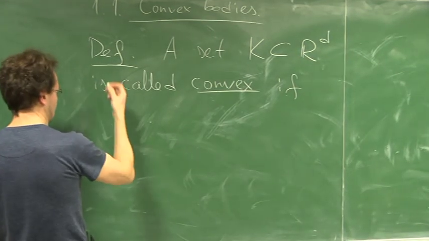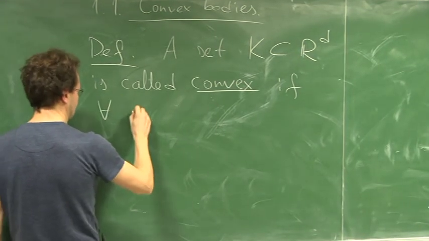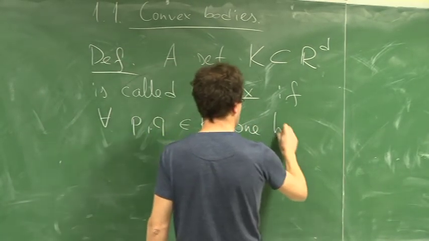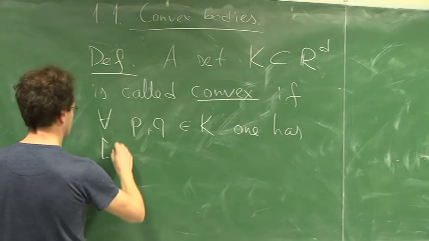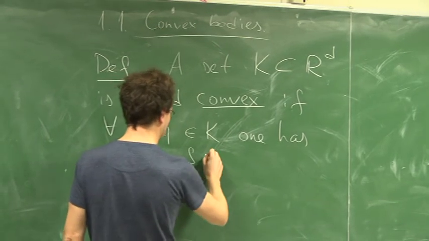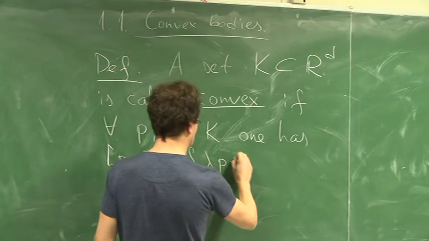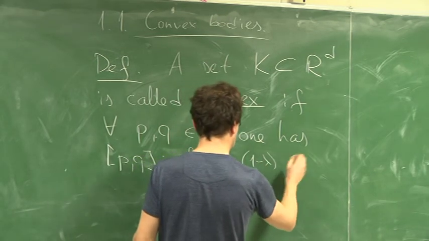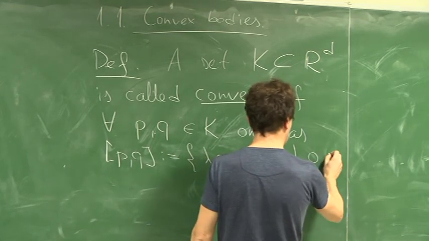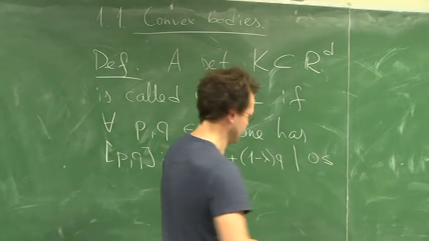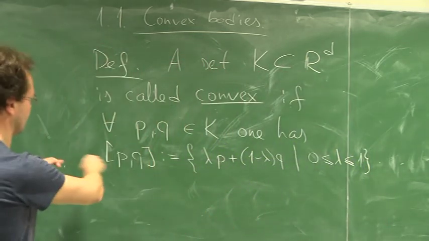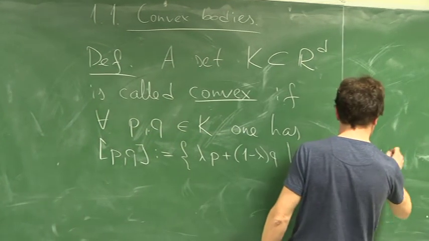So if for any P and Q in K, one has the segment between P and Q, which is by definition the set of all lambda P plus (1 minus lambda) Q, with lambda between 0 and 1, if this is a subset of K as well.